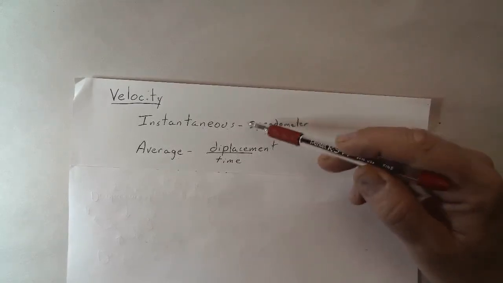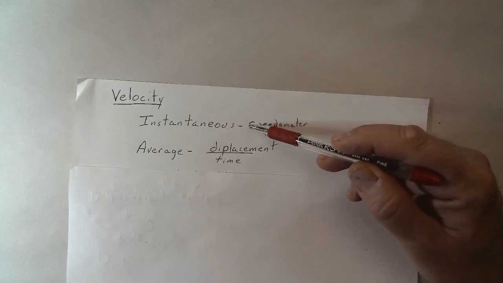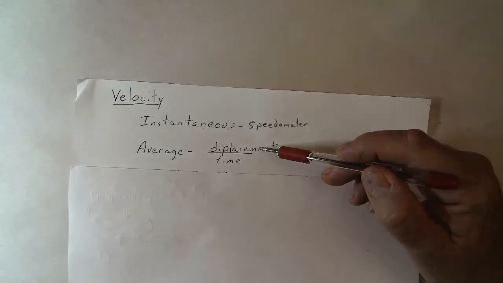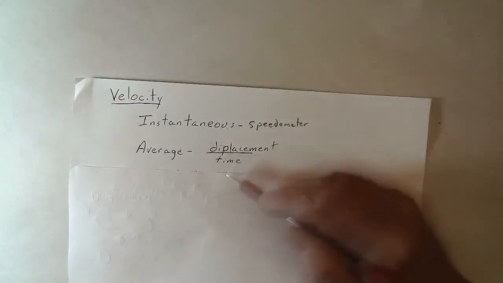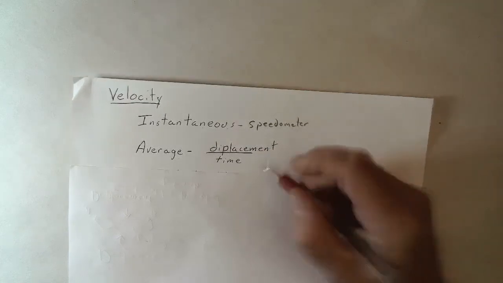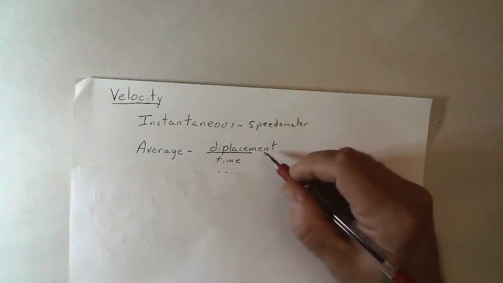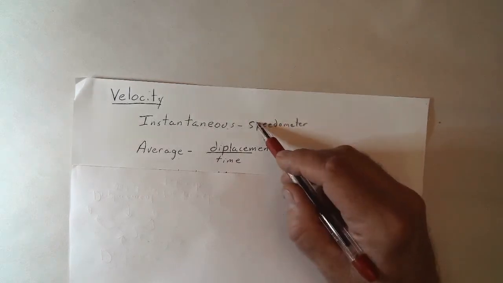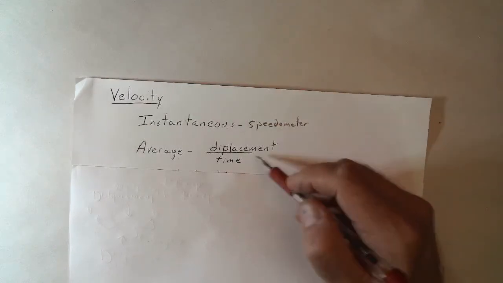If we want to get as close as possible to the instantaneous velocity, we have to consider the smallest possible average velocity, which would be getting the displacement down as small as possible. If we were to talk about how long it took us to go 1 meter, that is getting awfully close to our instantaneous velocity. You can see that.